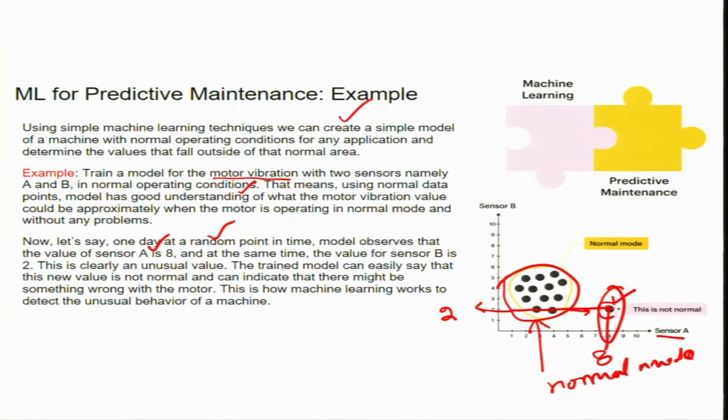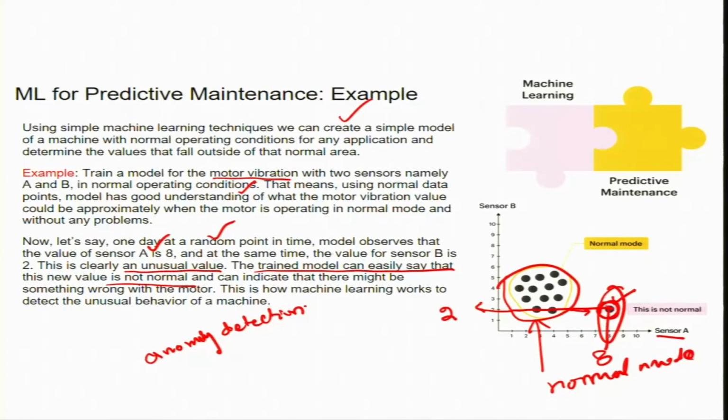This particular point which is drawn over here is not normal operation. This is clearly an unusual value. So, the trained model can easily say that this new value is not normal, and this is called anomaly detection.